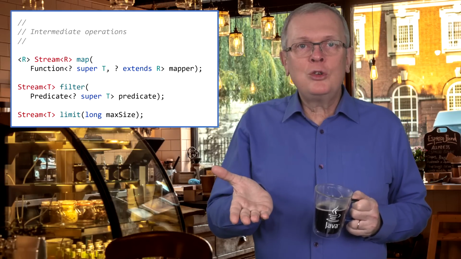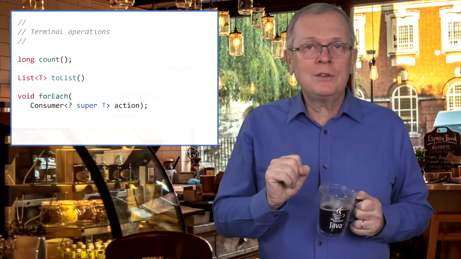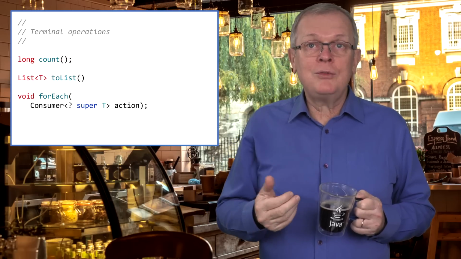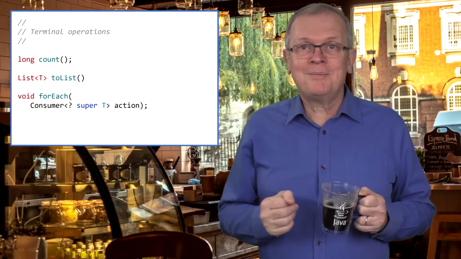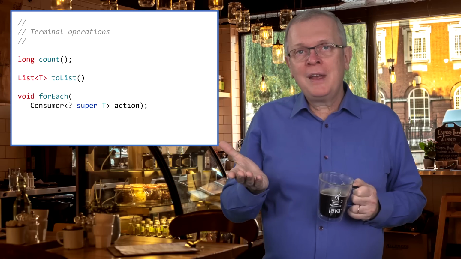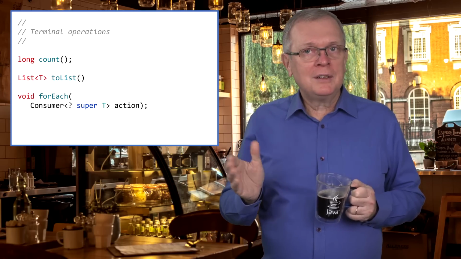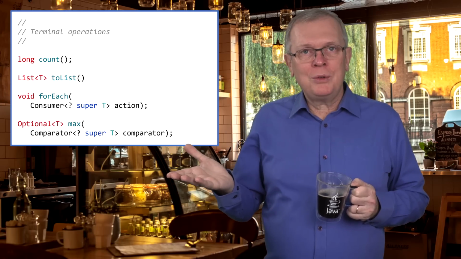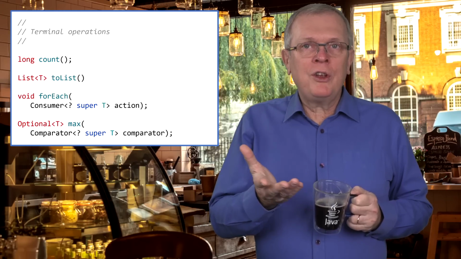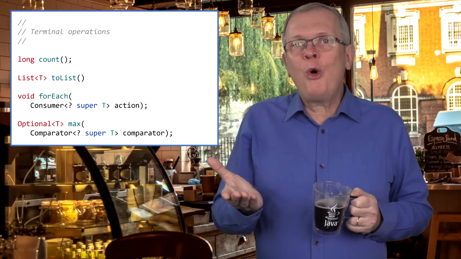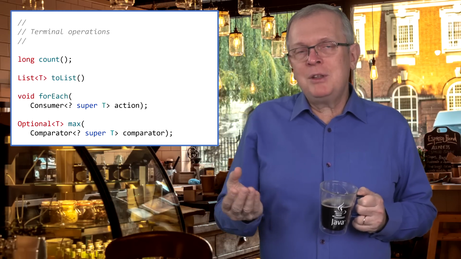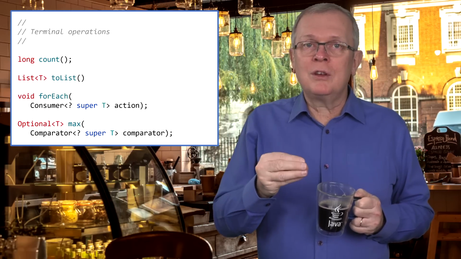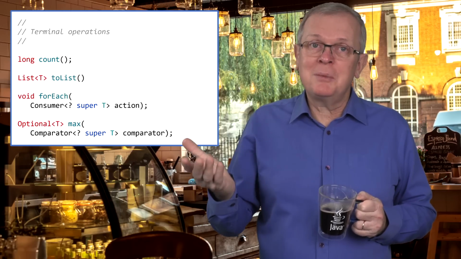This something else could be a value, like count, that returns a long, or an object, like toList, that returns, well, a list, or void, like forEach, that returns nothing, or max, that returns this funny object, optional. I say it's funny because returning an optional is a way to always return something, but since this optional can be empty, it's also a way to return nothing sometimes.